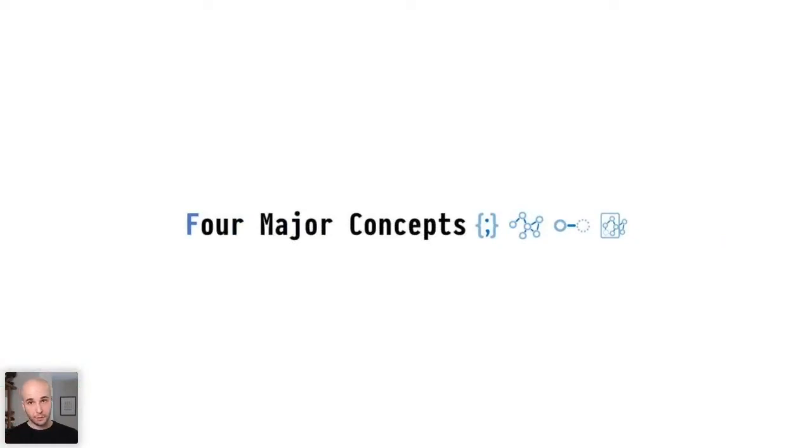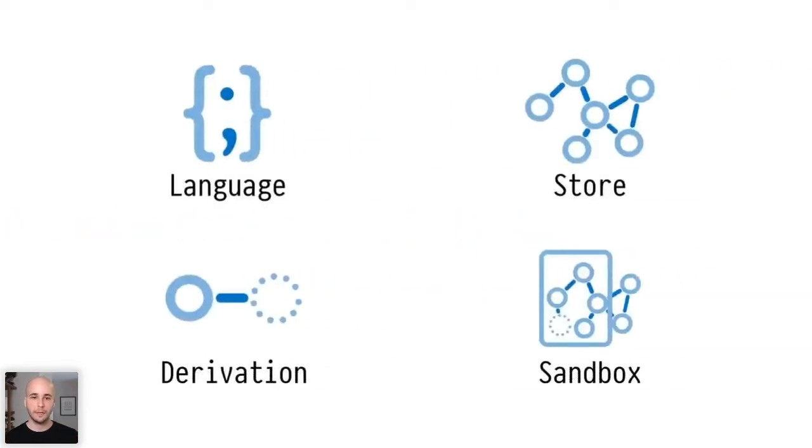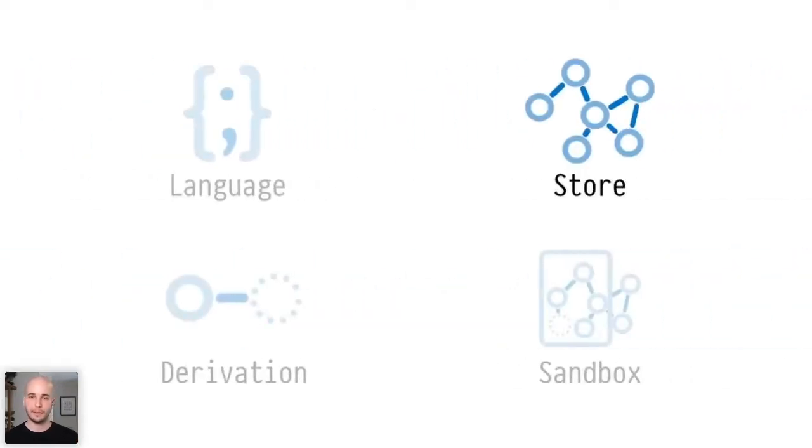So there's four things that you have to really understand in order to grok Nix, I would assert. The language, the Nix store, the idea of a derivation, and the idea of sandboxing. And this is where this talk gets highly abbreviated. I'm going to dive into this in a lot more detail in a video that I'm going to post later. But briefly, so that we can get to the demos, the Nix store is a graph database that lives on your disk at the path /nix/store.